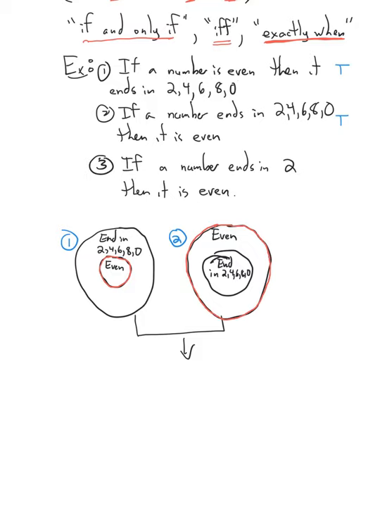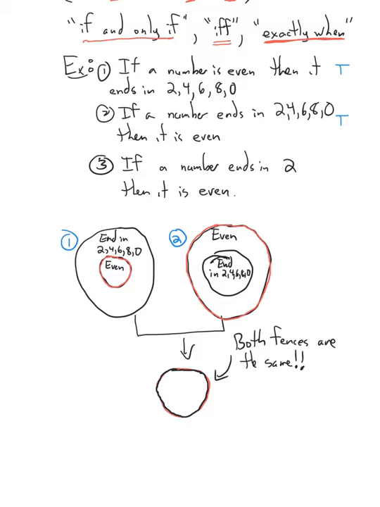So the only way this is true is if both fences are literally the same fence. They're right on top of each other. That's the only way that both of these diagrams can be true.